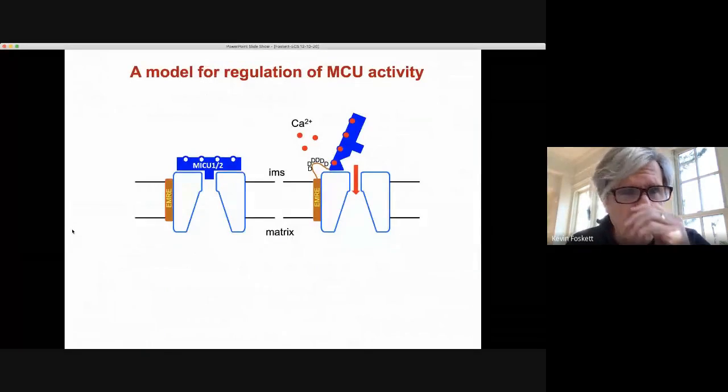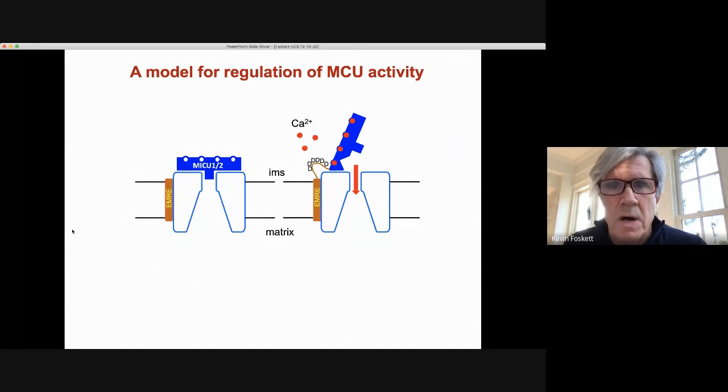So this was a kind of simple-minded model for the regulation of MCU activity by cytoplasmic calcium concentration. So under resting calcium concentrations, I'm depicting MICU1 and MICU2 as one complex here with 4 calcium binding sites, the EF hands, coupled to the channel through its interaction with EMRE as well as with MCU itself.